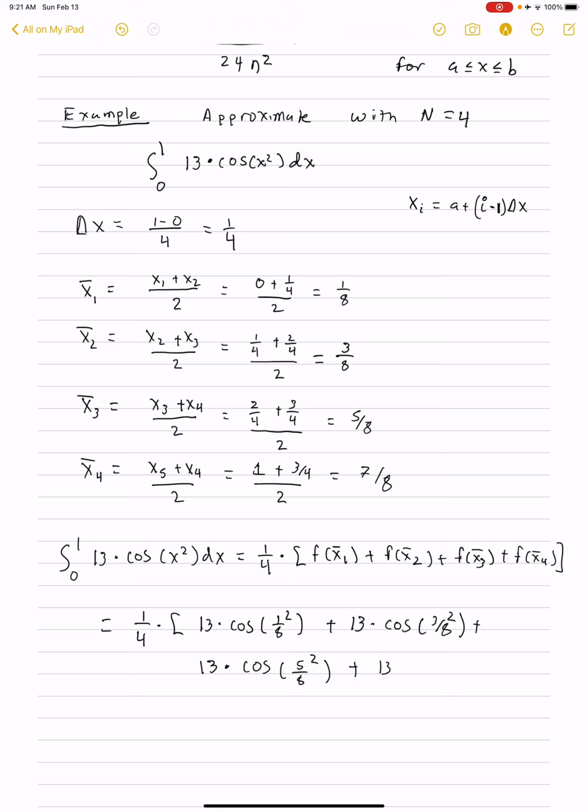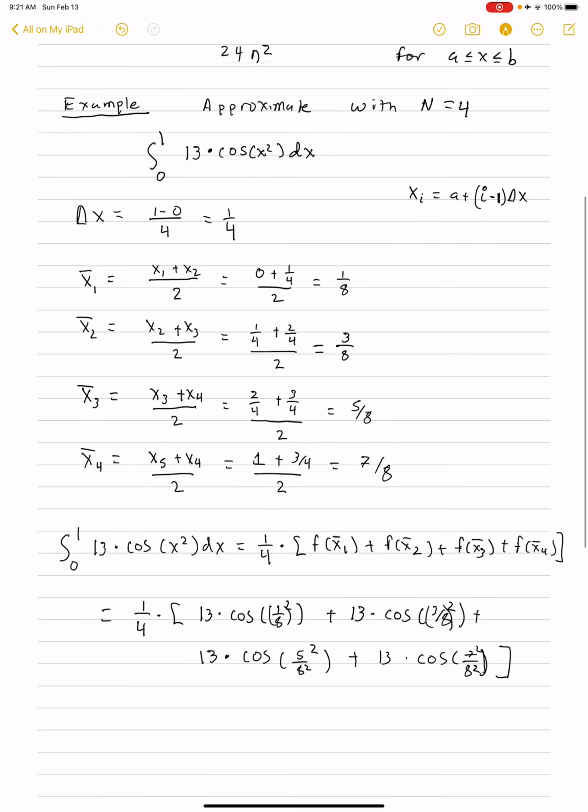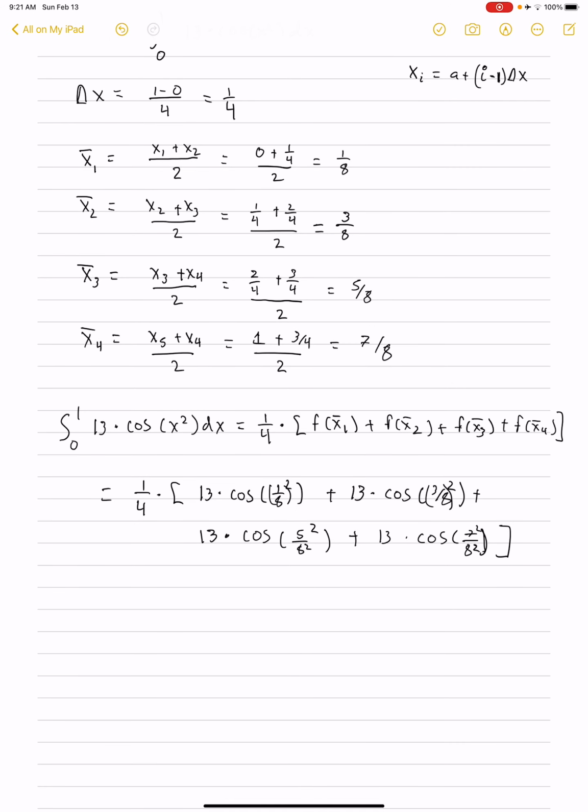Then 13 times cosine of 7/8, we'll square everything there. So, depends if you prefer to write it like that or square numerator and denominator. Okay, and that will be what we need to calculate in our calculator. When we do that, we're going to get 11.81.